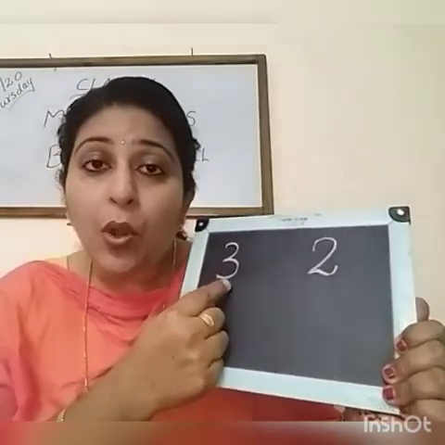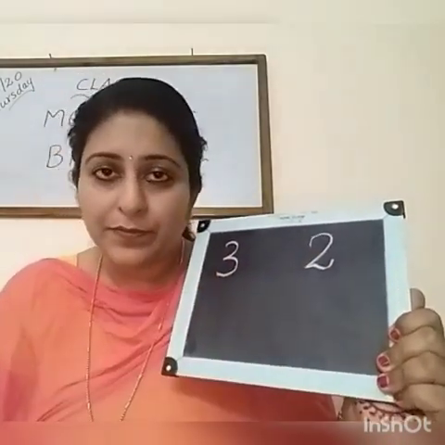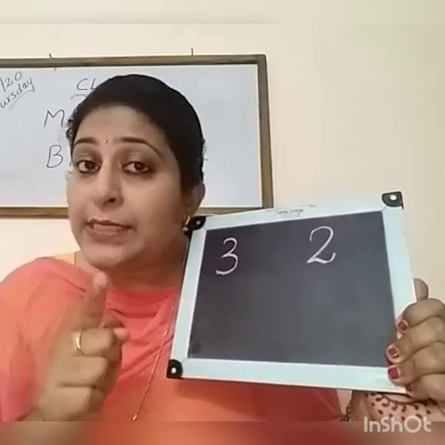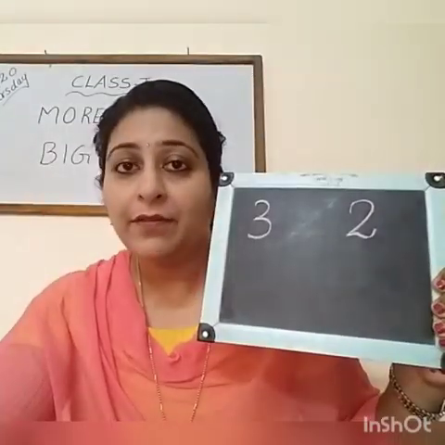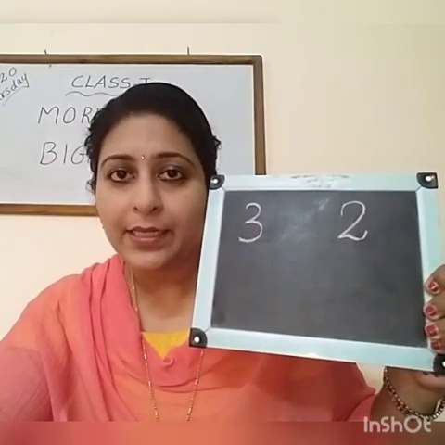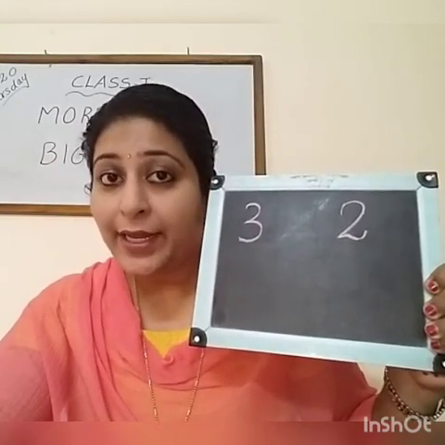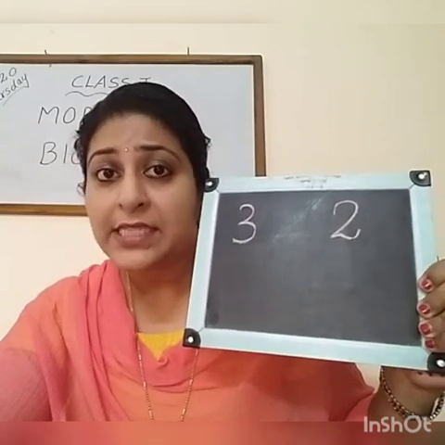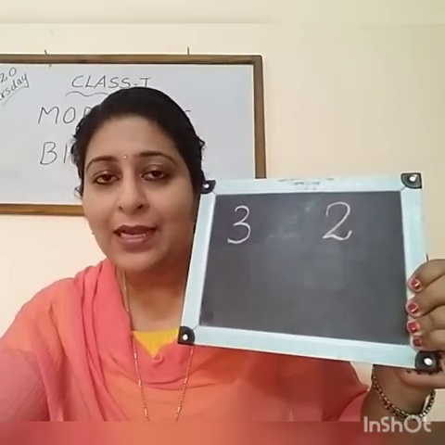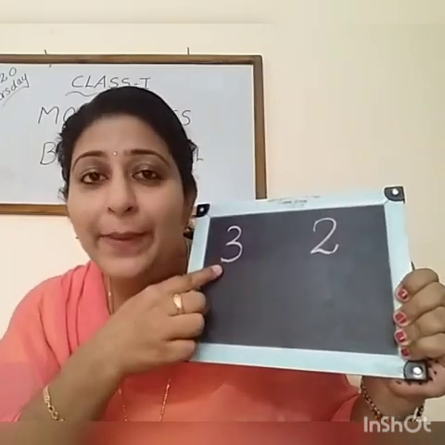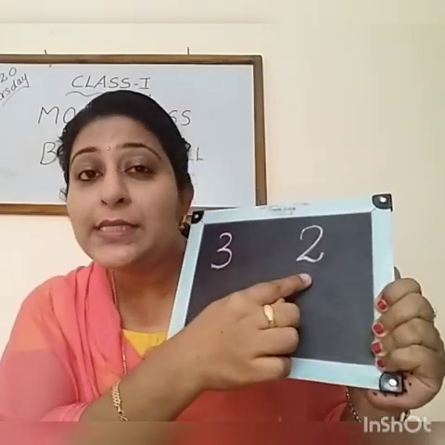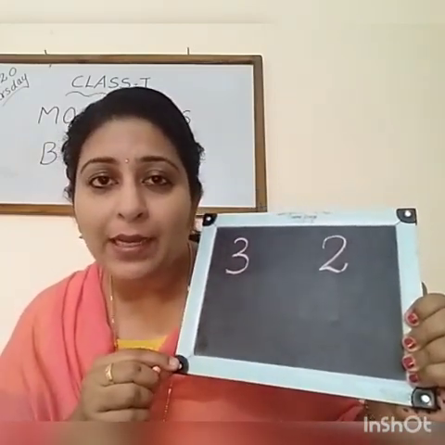See, the number shown is 3 and 2. Then, can you say which is a big number? Which is a small number? Just try. Yes, my dear little ones, you are correct. 3 is a big number and 2 is a small number.